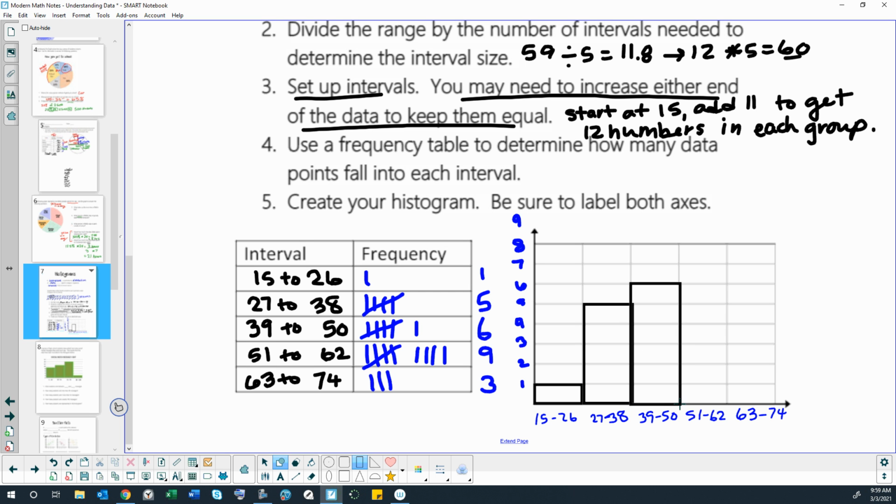And then this one has 6. And this one has 9. And this one has 3. So I go up to the correct number for each of the bars. We just don't call this a bar graph, we call it a histogram because it represents the data in intervals instead of in specific categories.